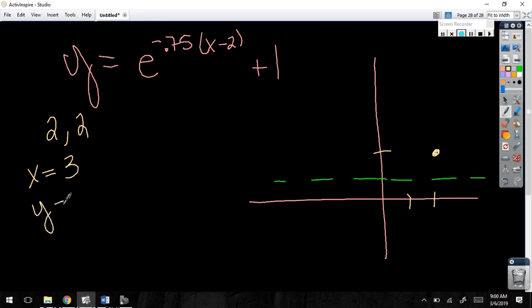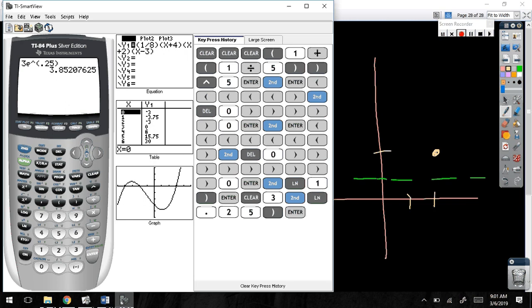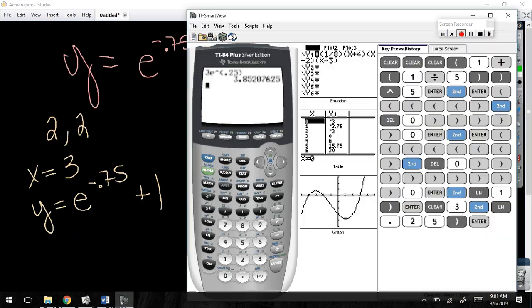When I plug it in, I get e to the negative 0.75. 3 minus 2 is 1. When you plug this on your calculator, what do you get? Hope it's smaller than 2 because it should be decay, because that exponent there is negative.